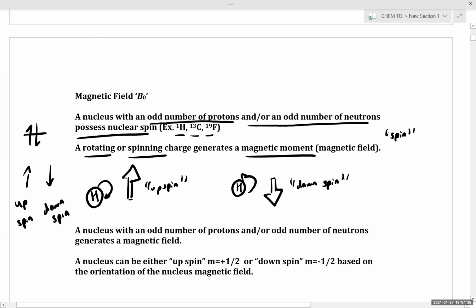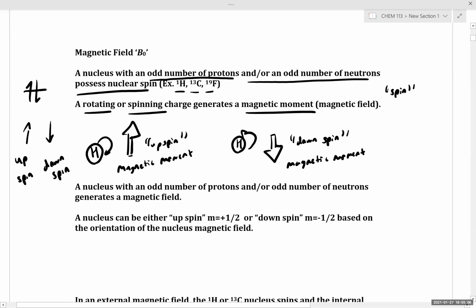Now, the nucleus isn't actually spinning, but the main thing I want you to know is that a rotating charge generates a magnetic moment. This arrow represents our magnetic moment, which is the magnetic field produced by our nucleus, in this case our hydrogen nucleus.